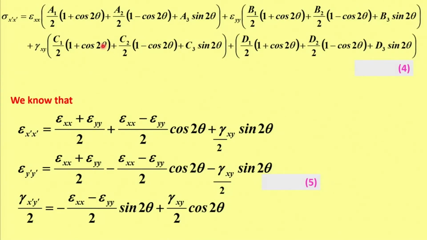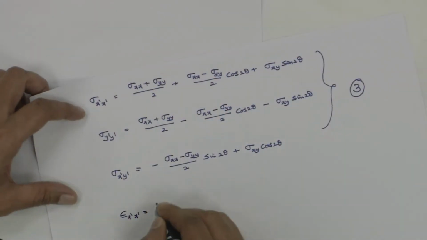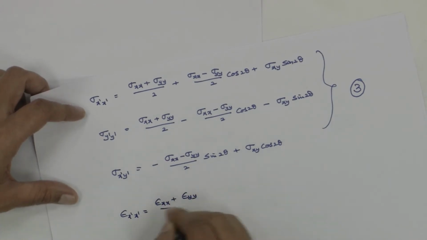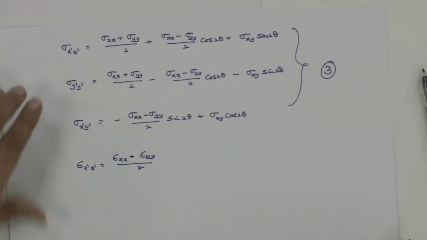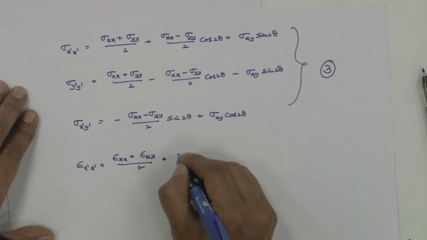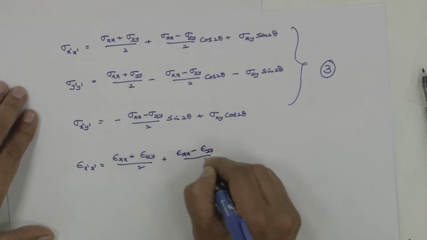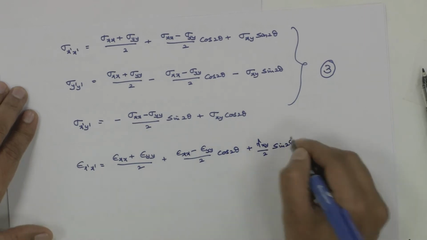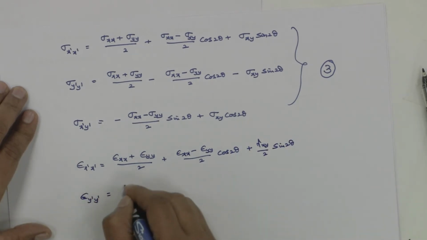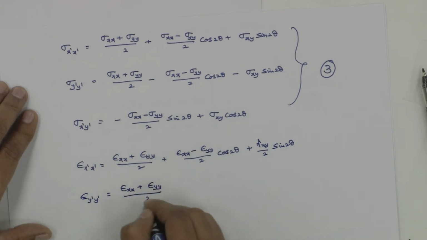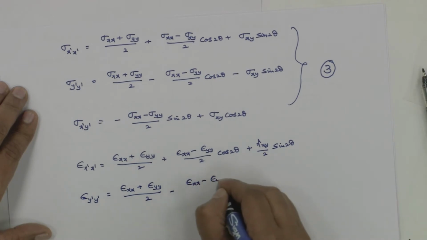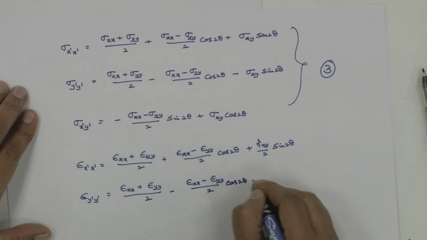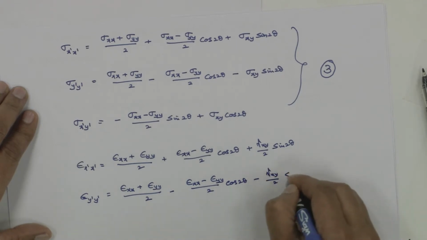Now, similar to sigma xx, for strain also we know that epsilon x prime is equal to (epsilon xx plus epsilon yy) by 2 plus (epsilon xx minus epsilon yy) by 2 cos 2 theta plus gamma xy by 2 sin 2 theta, and epsilon y prime is equal to (epsilon xx plus epsilon yy) by 2 minus (epsilon xx minus epsilon yy) by 2 cos 2 theta minus gamma xy by 2 sin 2 theta.